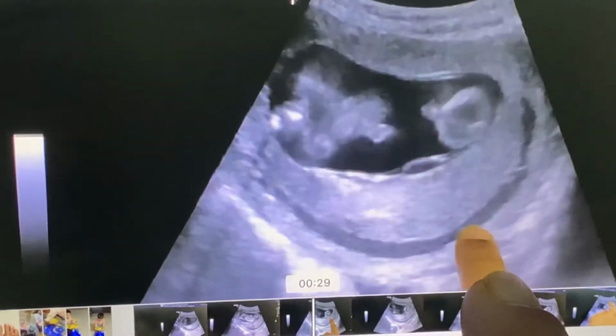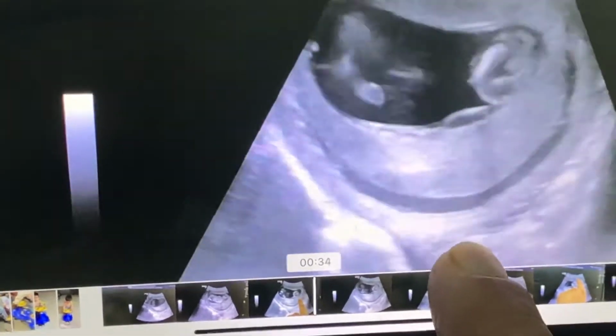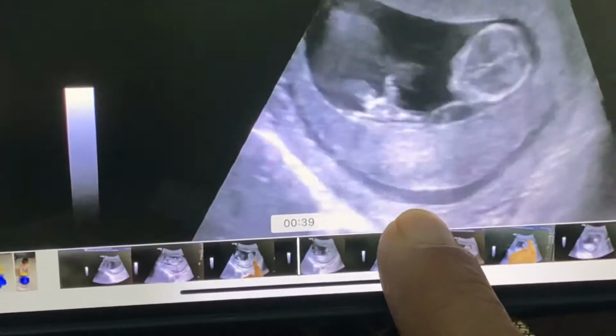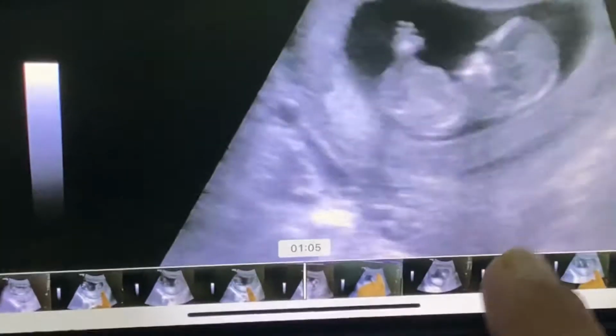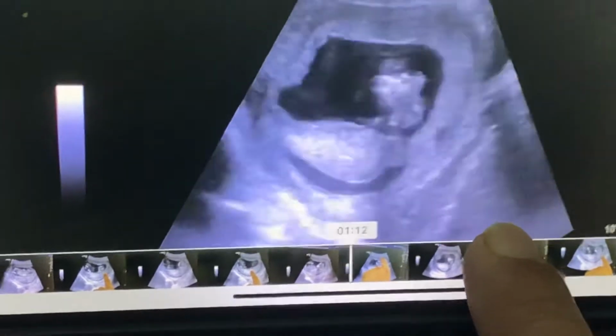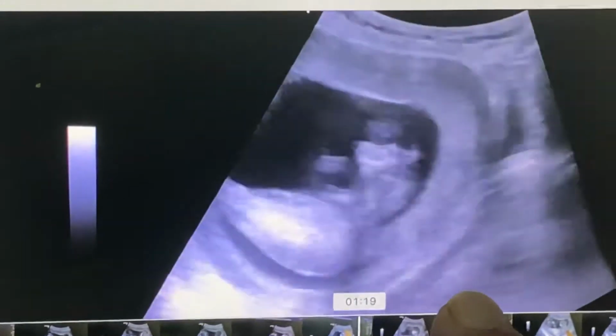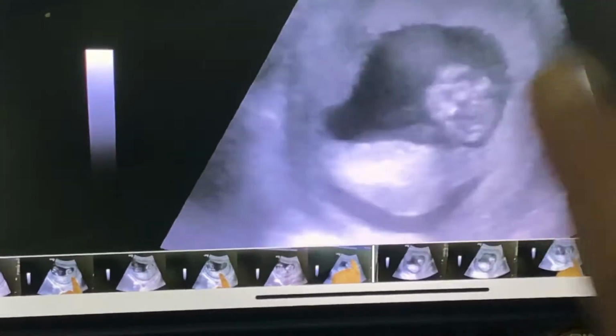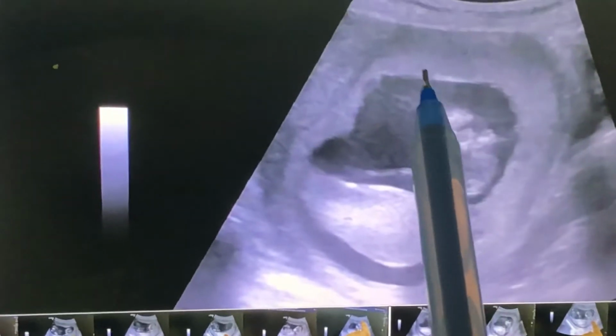As you can see here, this is looking like placenta. But the actual placenta is over here.